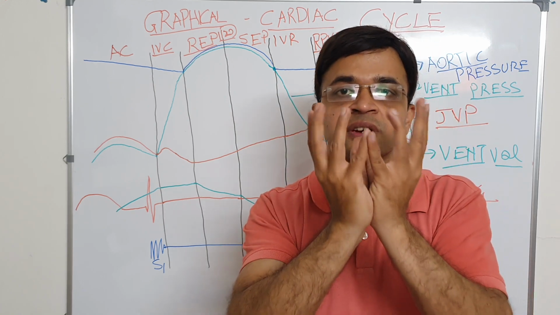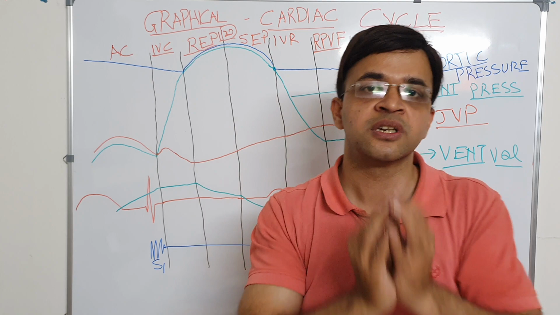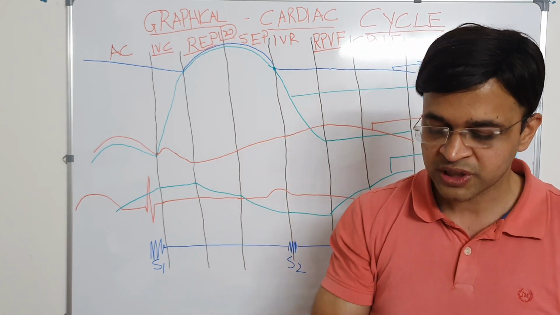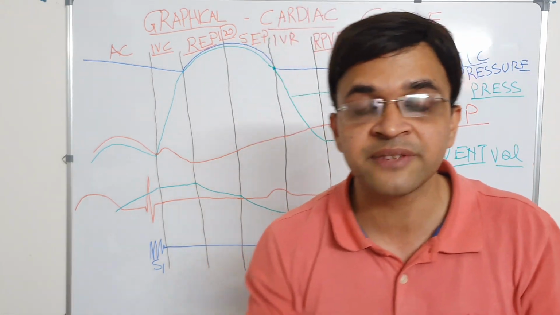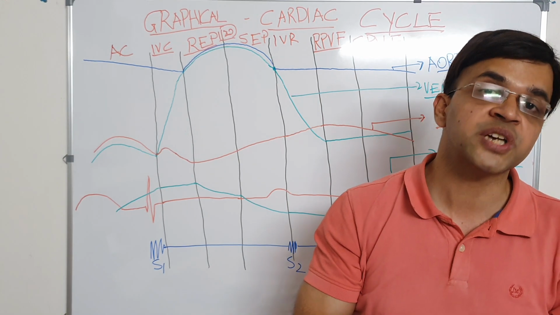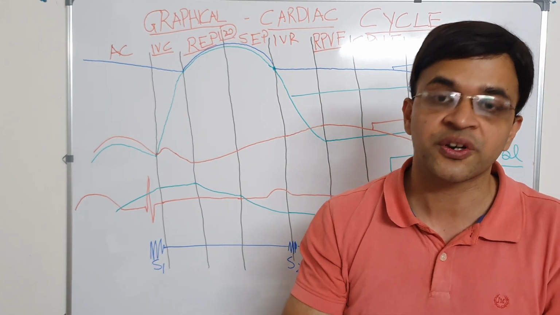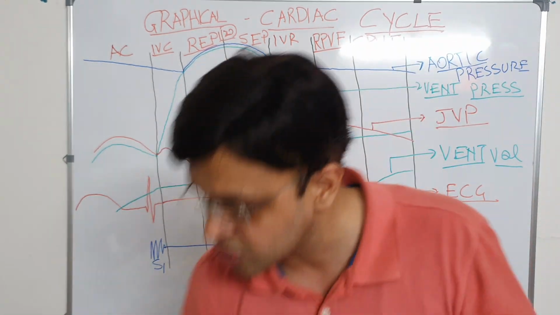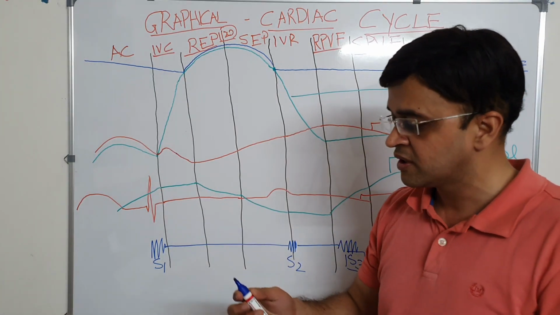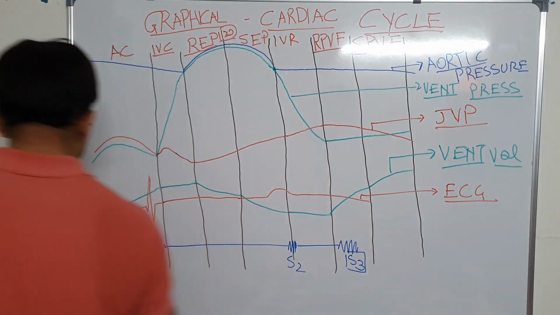When this ventricle vibrates, this vibration produces our fourth heart sound. So in which stage are we going to have it? We are going to have it in the stage of atrial contraction, right?